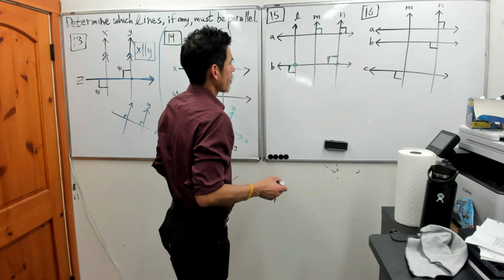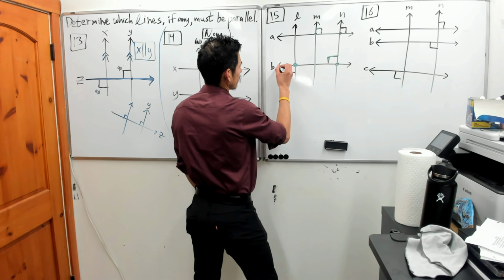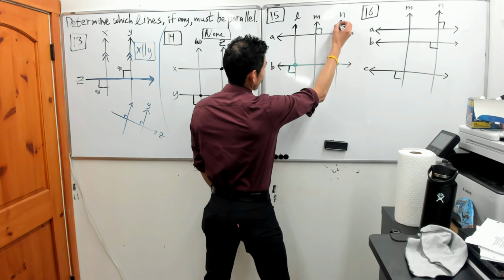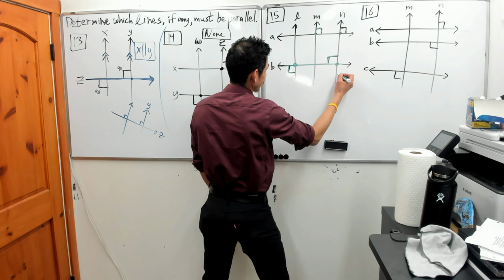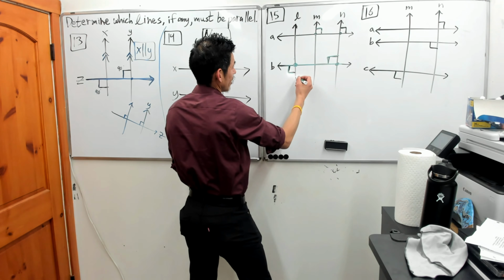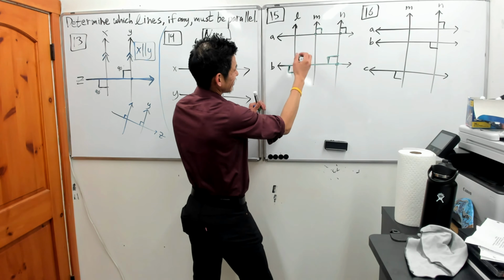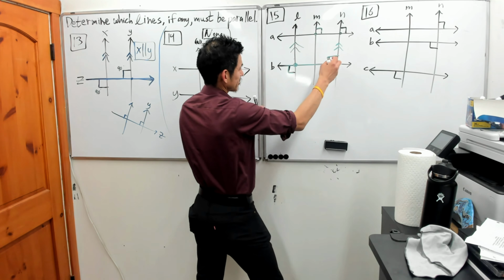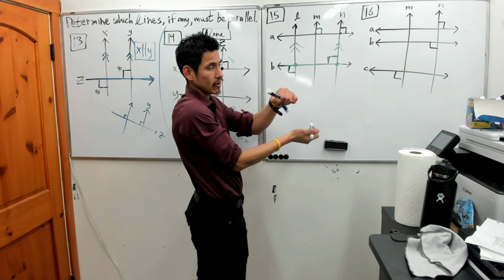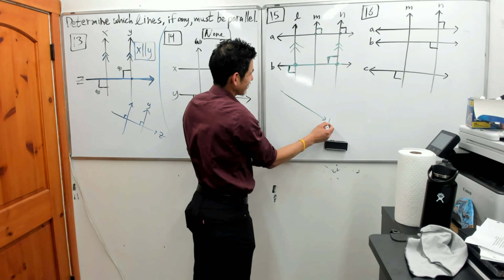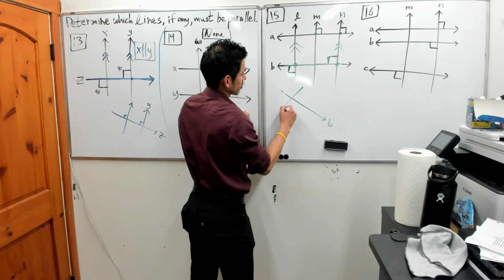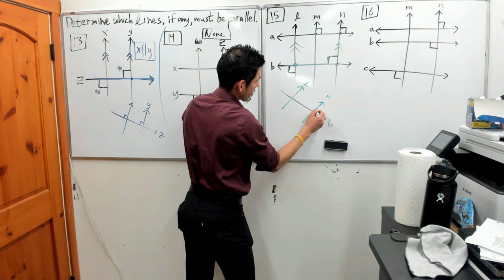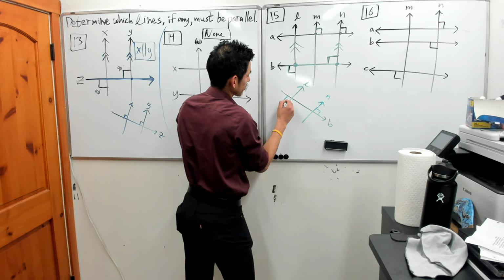Okay, so line B is perpendicular to line N and line L. So when you tilt this, lines L and N go with it. They're going to stay parallel. Again, if I tilted B downward like that, L will go like that, and N will go like that. So those are parallel.